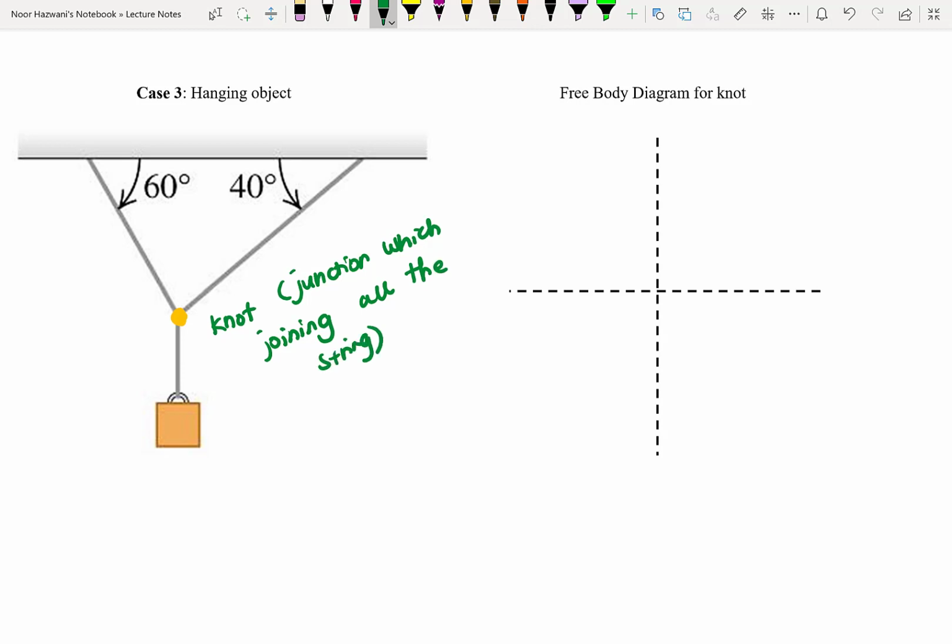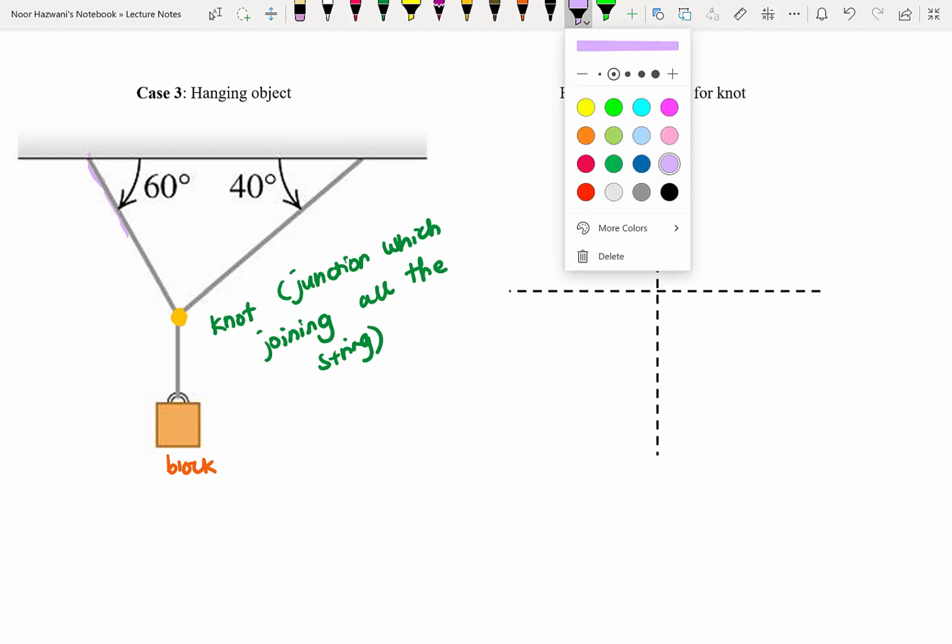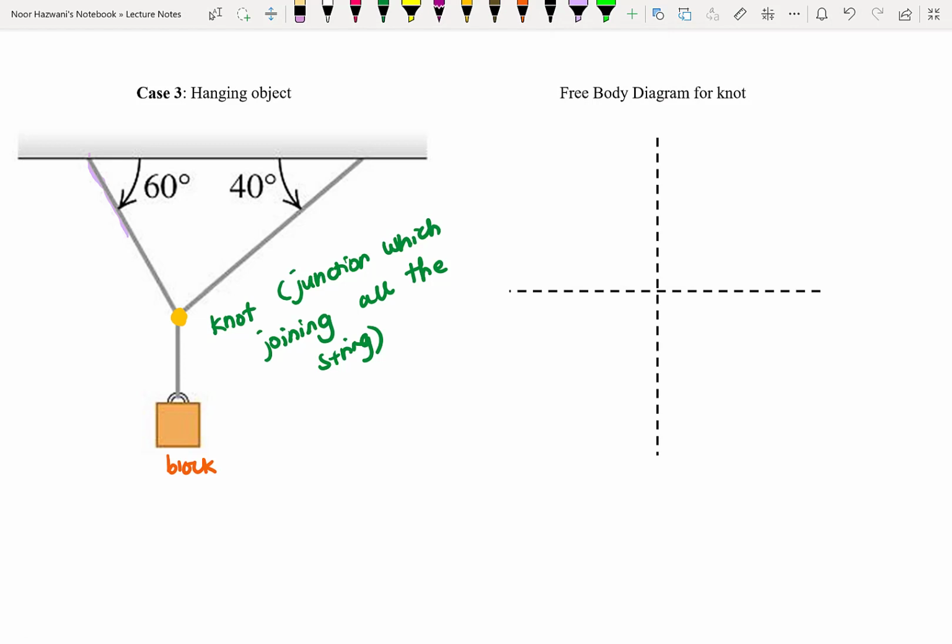Okay, and then the second free body diagram that you have to draw is for the block. So this is the block. And then your block is tied with 3 different strings. So this one is string 1.